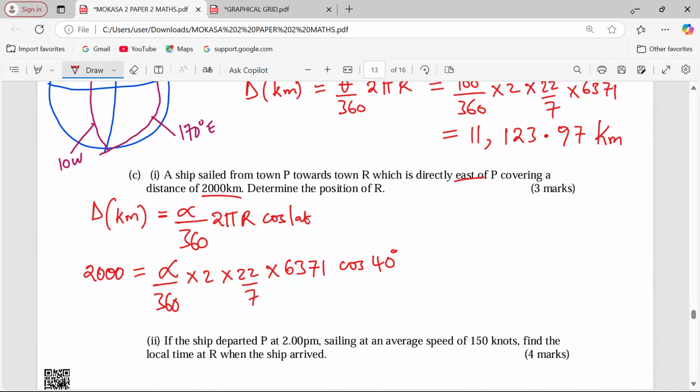So for us to get the alpha here, by the normal changing of the subject in a given formula, we multiply 2,000 by 360. We also multiply by 7 because they are the denominators. Then we divide this by, opening brackets, 2 by 22, then again by 6371, the cosine of 40. This gives us 23.47.